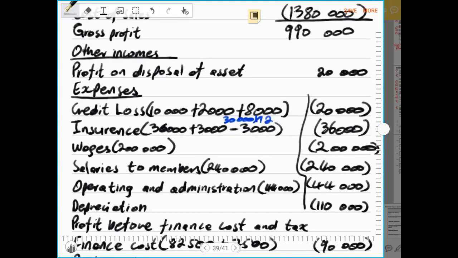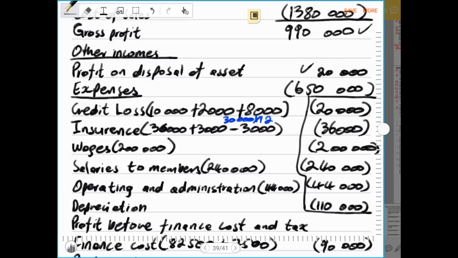If we calculate all the expenses, it will be 20,000 plus 36,000 rands plus 200,000 rands plus 240,000 rands plus 44,000 rands plus 110,000 rands. That will give you 650,000 rands.